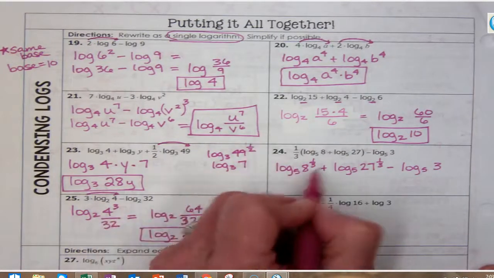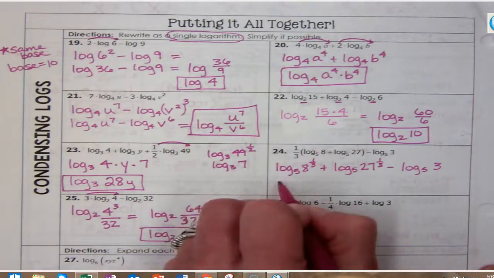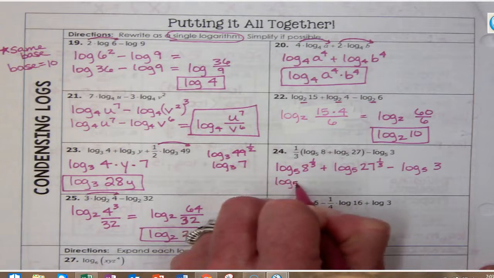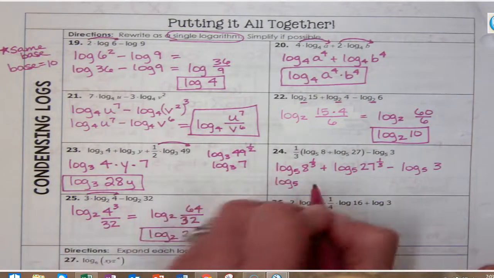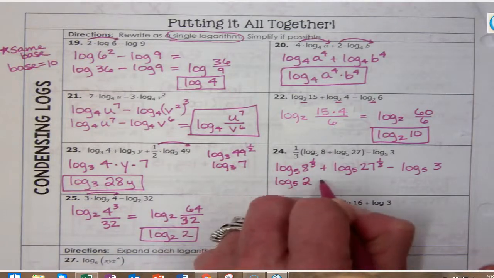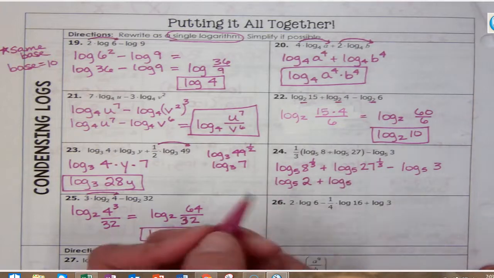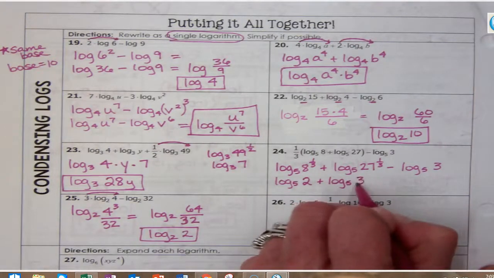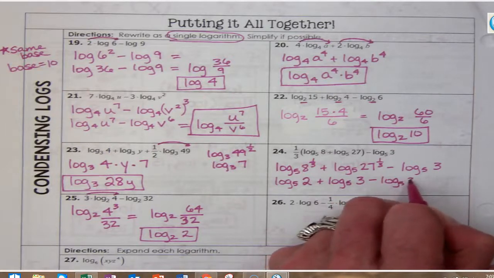I'm going to go ahead and do those fraction exponents. So you get log base 5, 8 to the 1/3 power is the same as taking the cube root, which is 2, plus log base 5, 27, the cube root of 27 is 3, minus log base 5, 3.